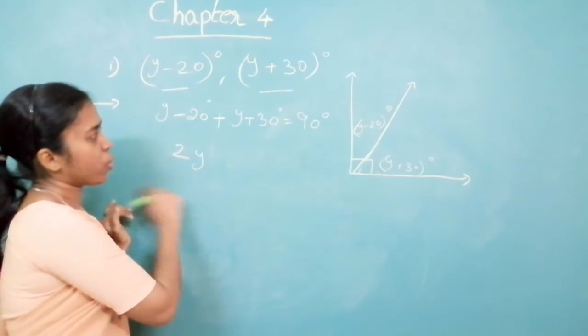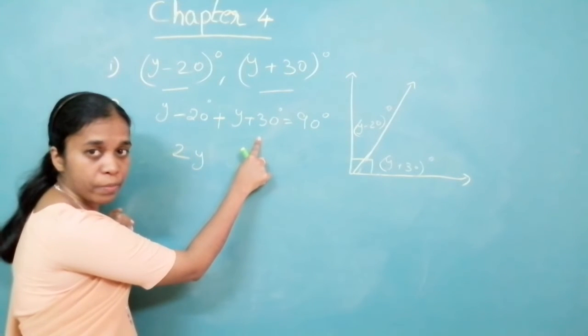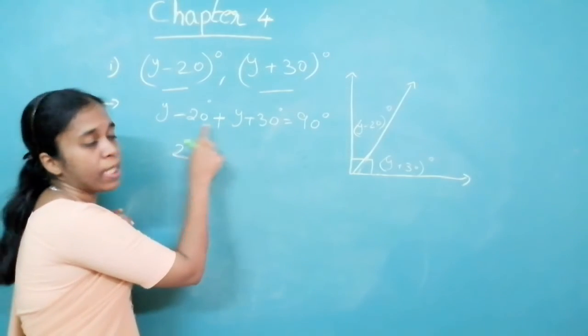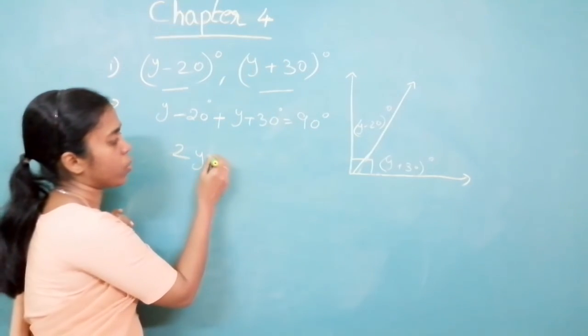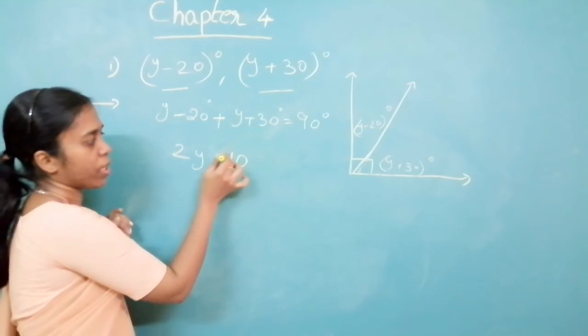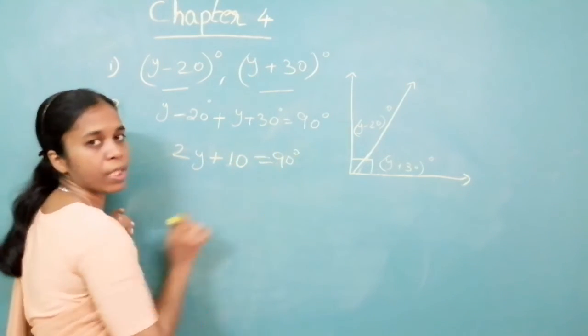y plus y gives you 2y. Minus 20 plus 30: do you remember, when the signs are different, subtract the numbers. So 30 minus 20 gives you 10. Put the sign of the greater number. What is the sign of the greater number? Plus. This is equal to 90 degree.